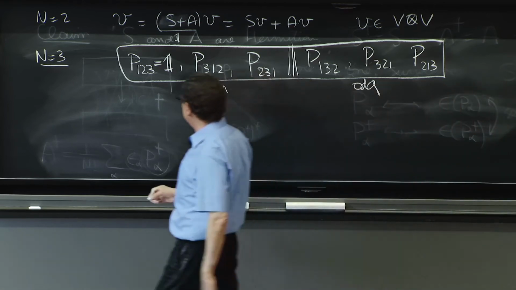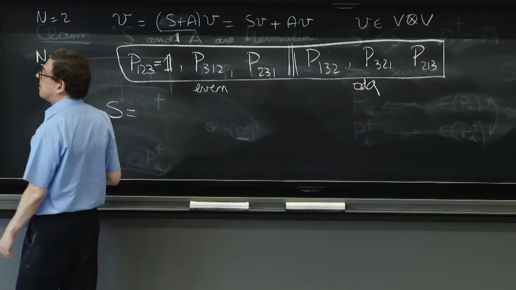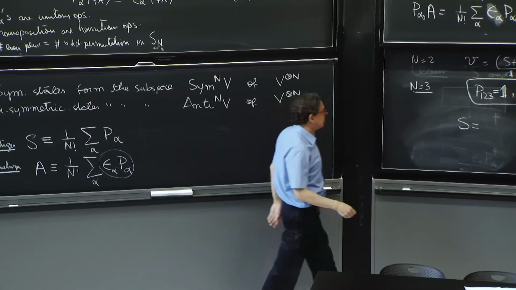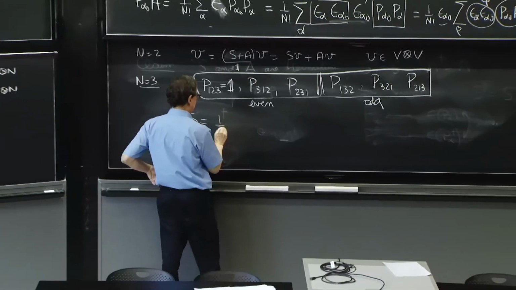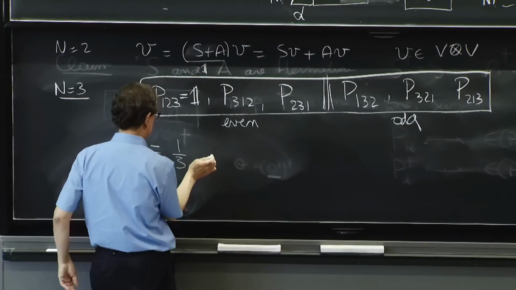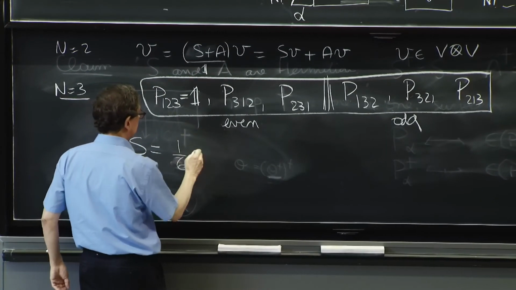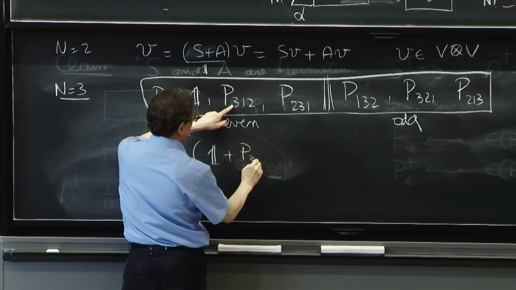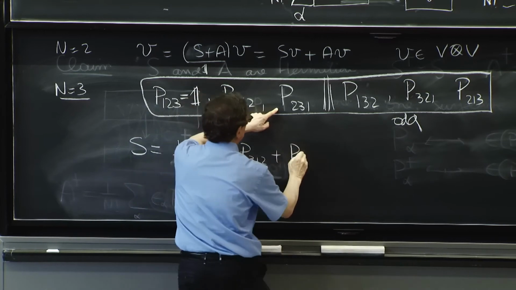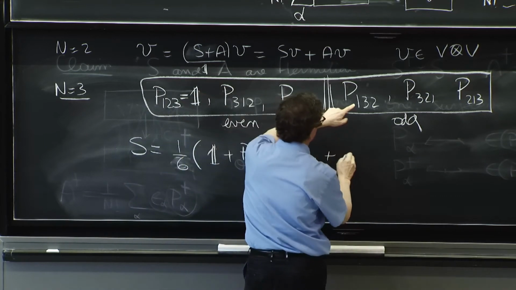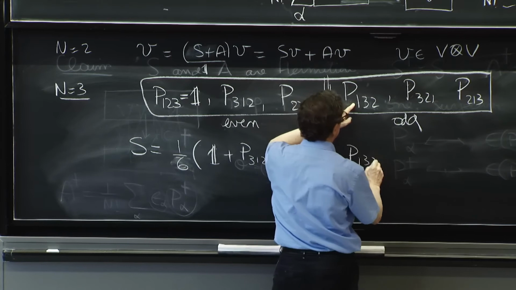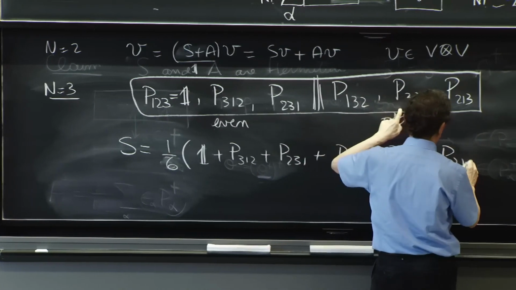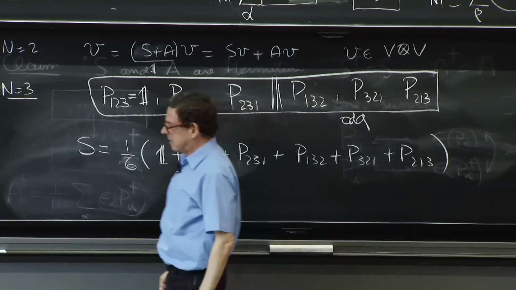So what is the symmetrizer? The symmetrizer is 1 over 3 factorial, which is 6, times 1 plus P312 plus P231. I keep adding. You should add all of them. Plus P321 plus P213, plus P132. That's it.